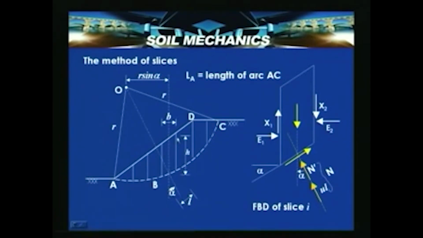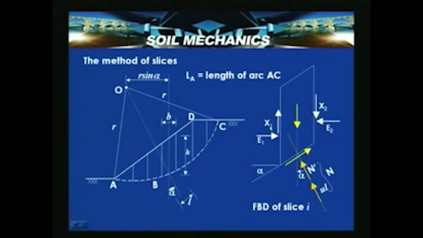Now, if I take the free body diagram of the ith slice from here, let us consider this particular portion and represent it here, and this gives the various forces which can act on the slice. So, here this is the slice, having weight W. If W consists of a number of soils like soil 1, soil 2, soil 3, soil 4, the composite weight can be found very easily in this method.